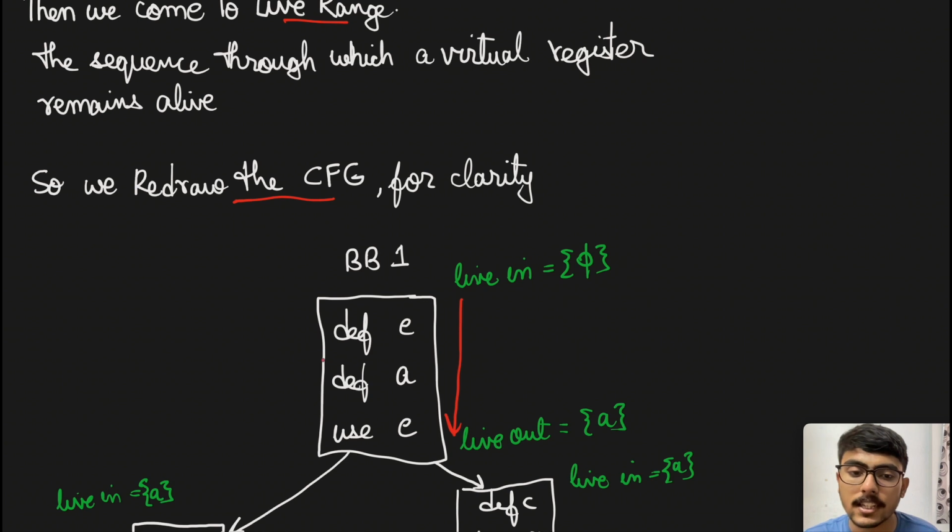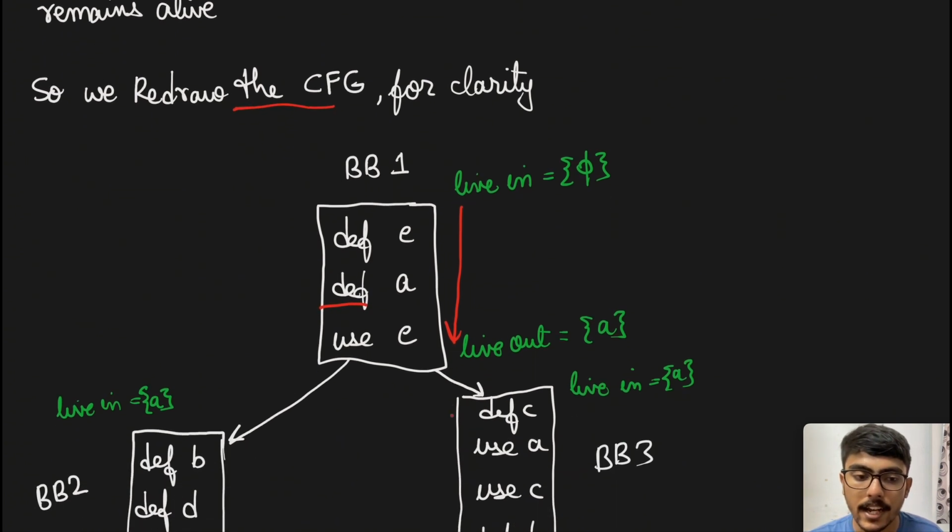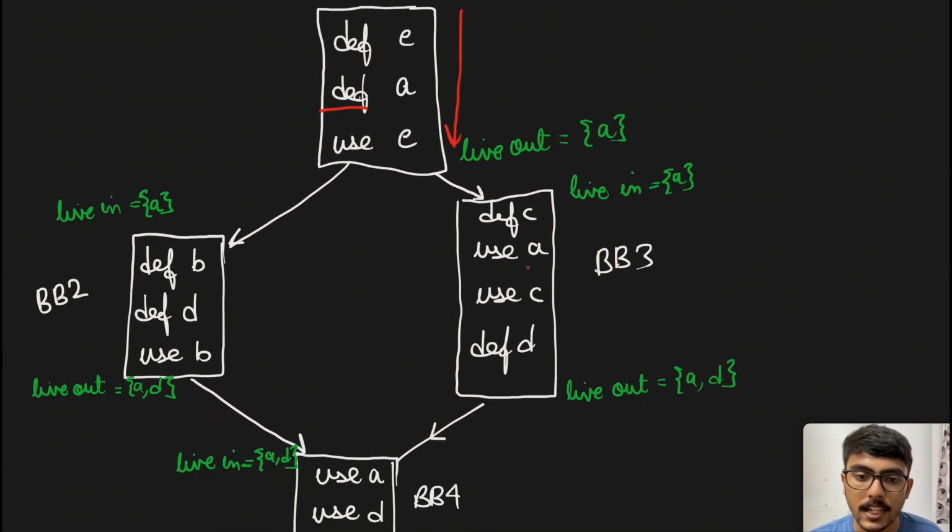You might say that because we have a definition A here, and we see that A is being used in bb3 as well as bb4, right? So this A has come from basic block 1. Since this A has to be fetched from basic block 1 and then used in basic block 3, we will have the live out A. Why?